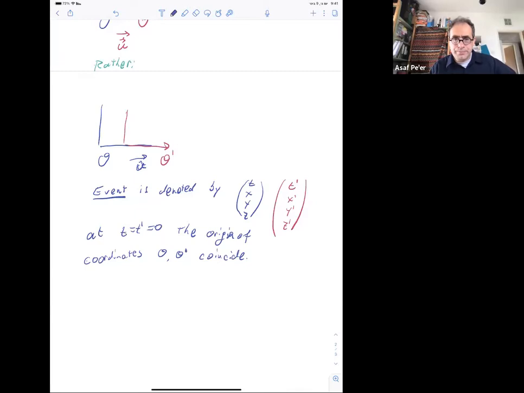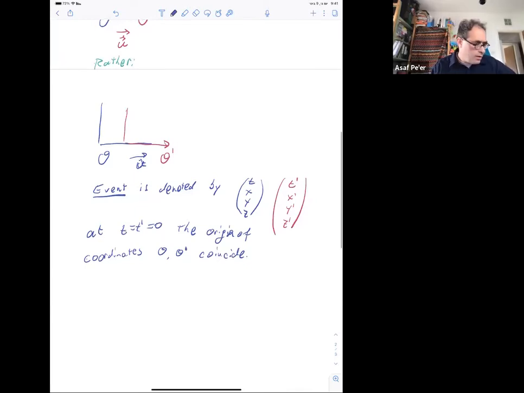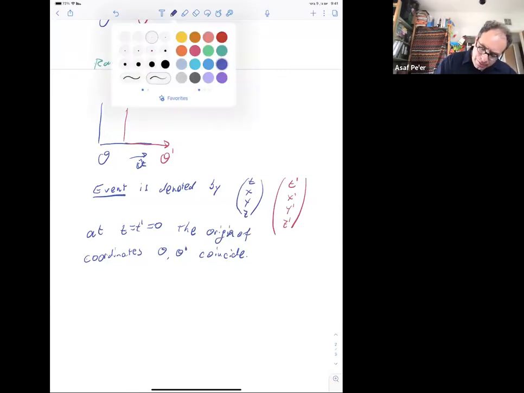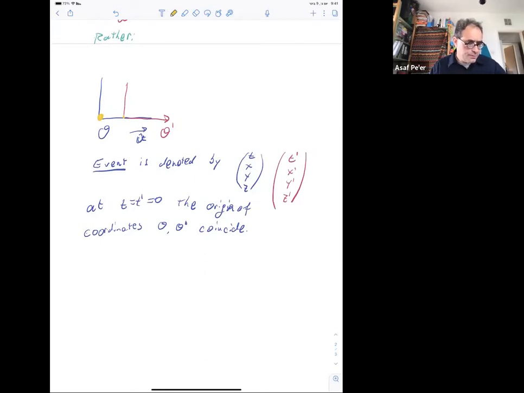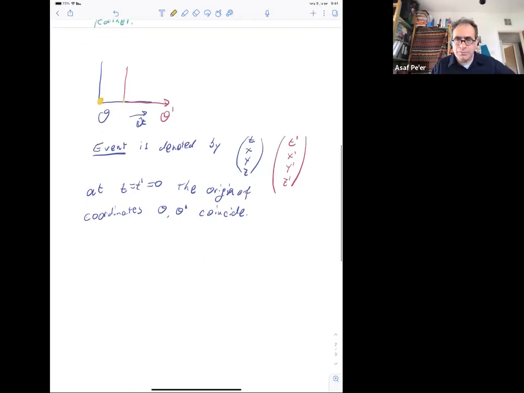Now, let's go back to Michelson and Morley. And let's say that there was a light source located at the origin. So there is a flashlight here, at time t equal to 0. At time t equal to 0, when space equal to 0, a photon or crescent of light was emitted.